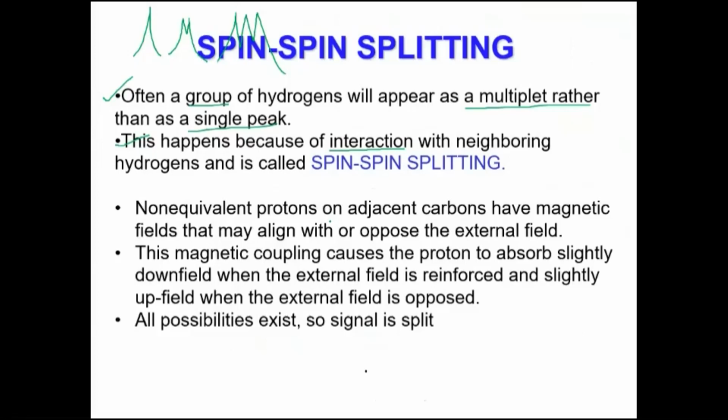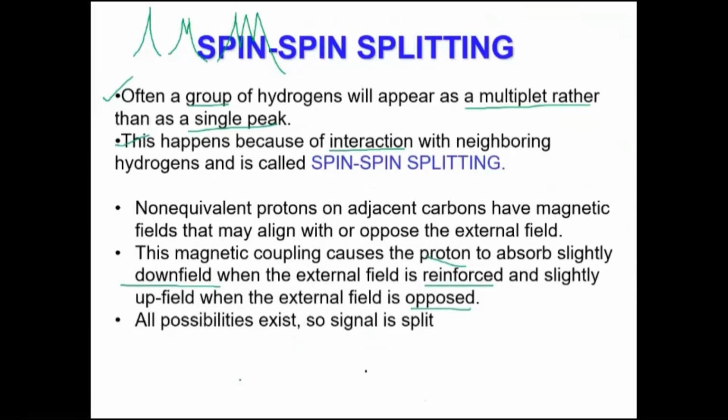This spin-spin splitting occurs between non-equivalent protons only. So if such protons are present on adjacent carbons, they are neighbors of each other, then they will align themselves with each other or opposite to each other. The magnetic coupling causes the proton to absorb slightly downfield when the external field is reinforced, and slightly upfield when the external field is opposed.